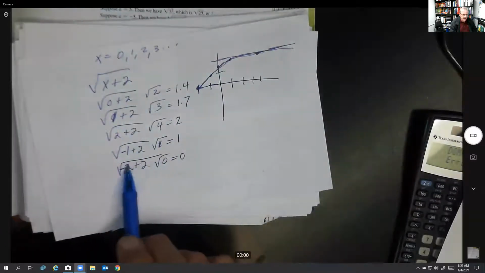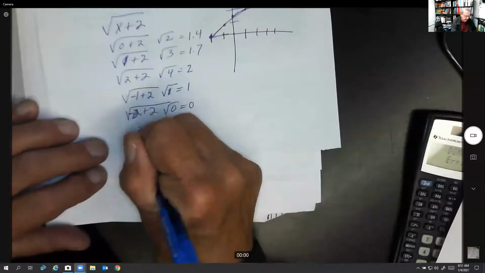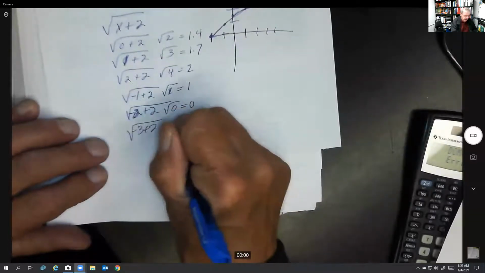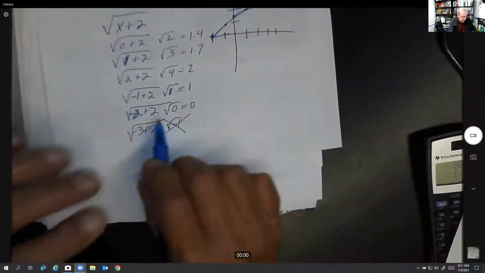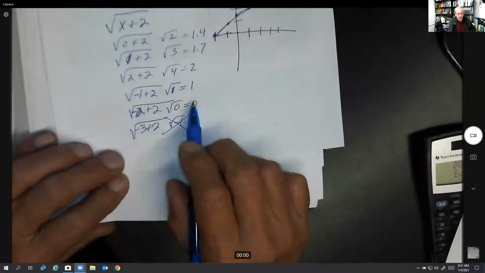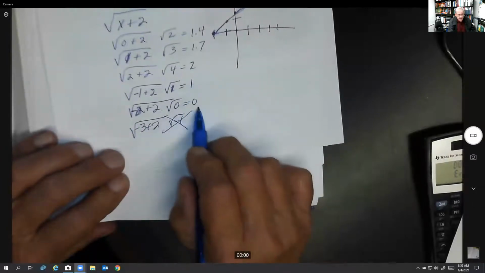But you can't go any further. If I put a negative 3 in here, then I'm going to get a negative 1, and I can't find the value of negative 1. There is no square root. So I can only put numbers as long as the sum of those numbers is 0 or bigger. 0 or bigger. All right.